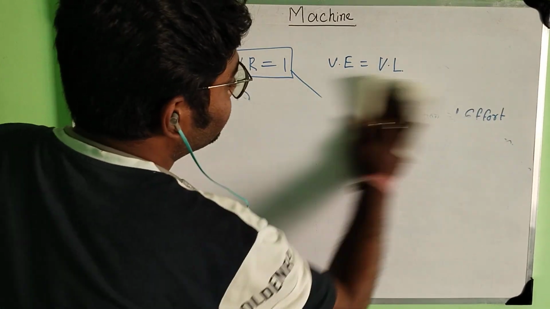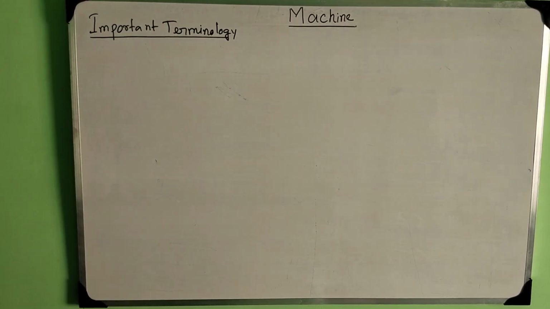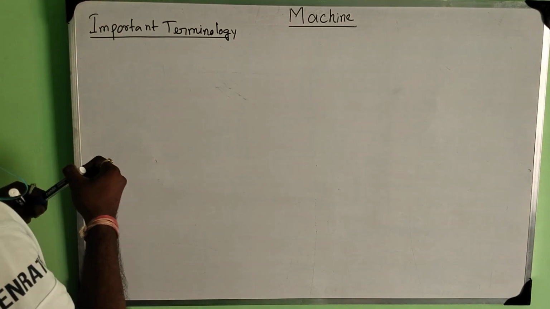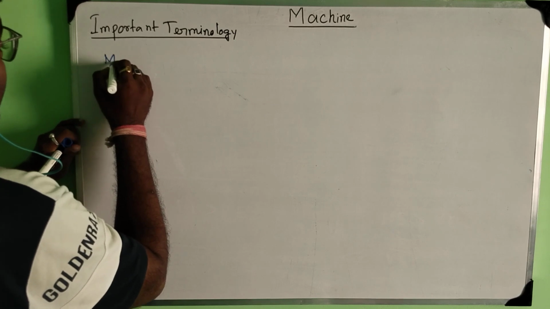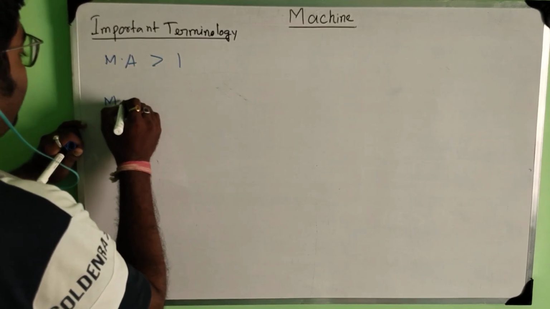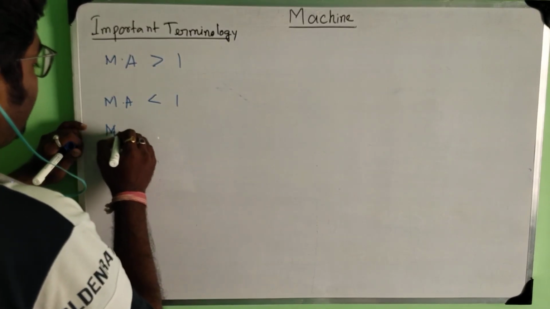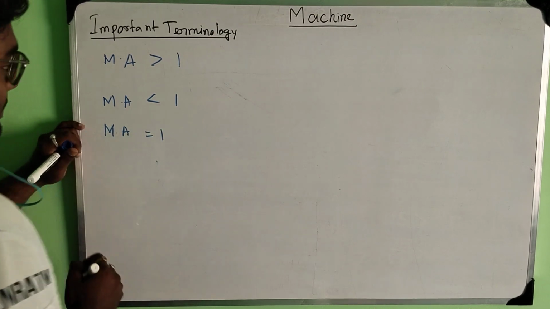Let's recap. Mechanical advantage greater than 1, mechanical advantage less than 1, mechanical advantage equal to 1.